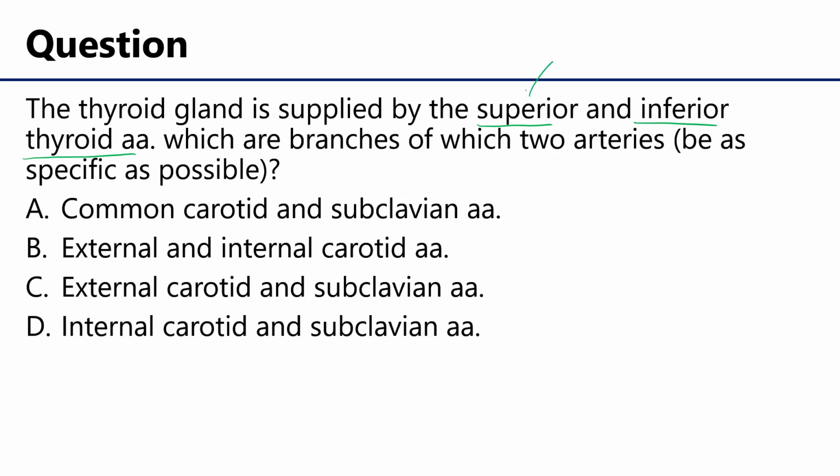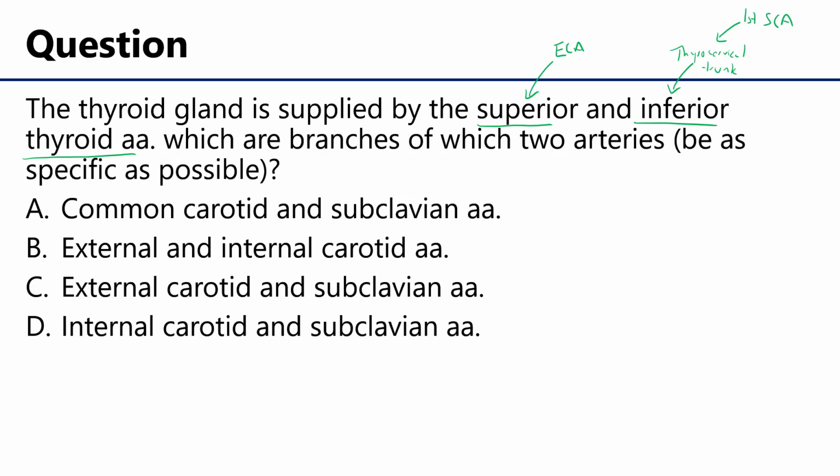Superior thyroid is a branch of the external carotid artery. The inferior thyroid artery is a branch of the thyrocervical trunk. And the thyrocervical trunk is a branch of the first part of the subclavian artery.